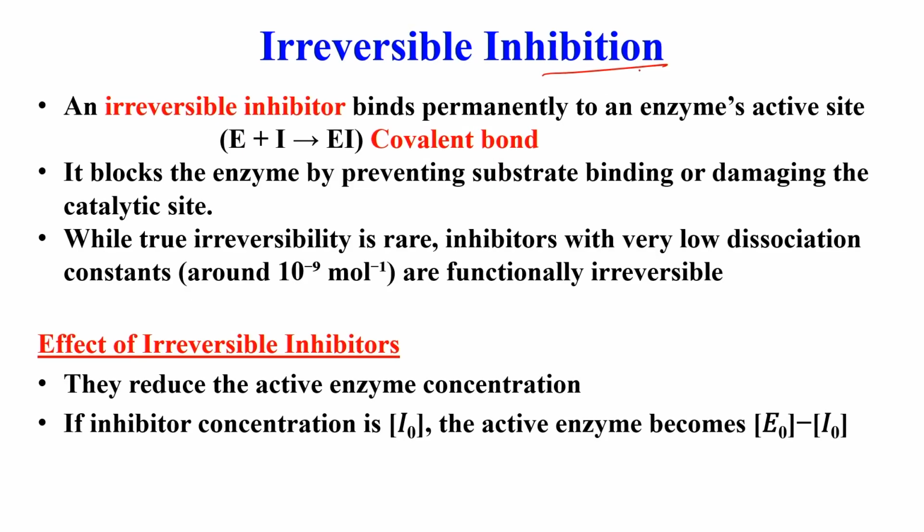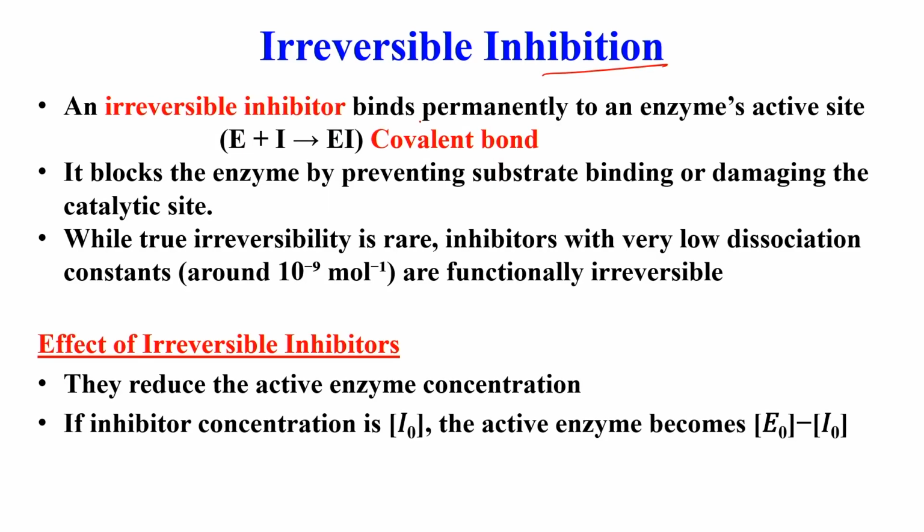So, up to here we discussed reversible inhibition. Now, next we will be discussing irreversible. In case of reversible, the interaction between substrate and enzyme is through non-covalent interaction, through physical bonding, but in the case of irreversible, inhibitors bind permanently to an enzyme's active site through covalent bonds.